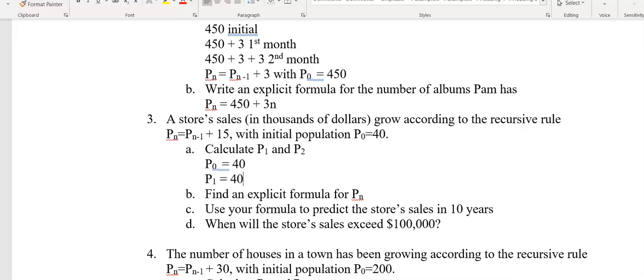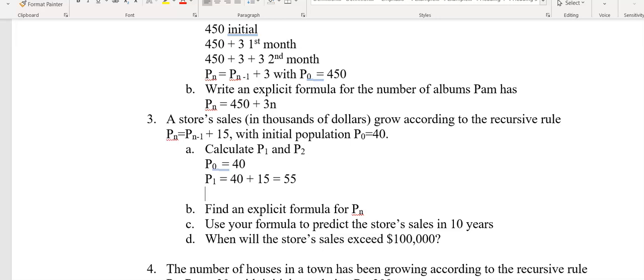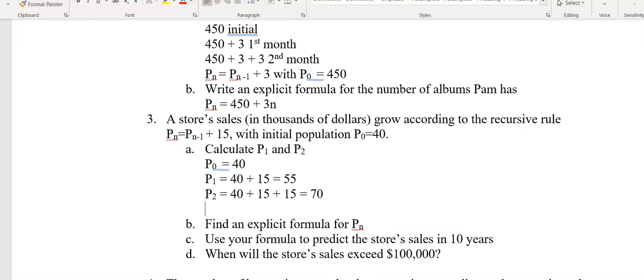So $40,000, but we're not going to write it as 40,000. And we're going to add 15. So that's 55. And then for our second month, we are going to take the initial 40 and the initial 15 from the first month, and we're going to add 15 more, and that's going to become 70.